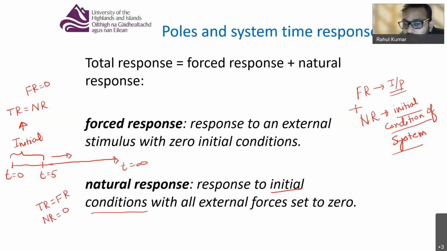So what I am going to do now is prove that if you operate your control system for a long time, then the natural response becomes 0, and the total response will be only because of the forced response or the input.